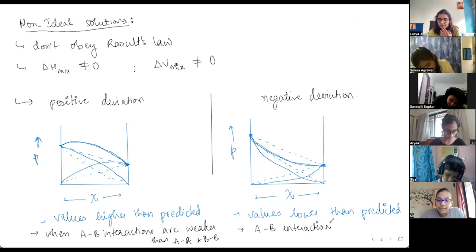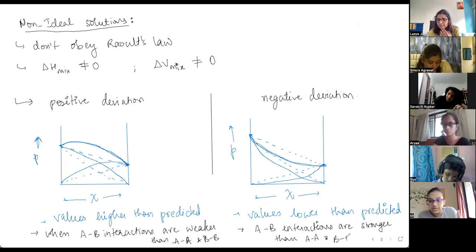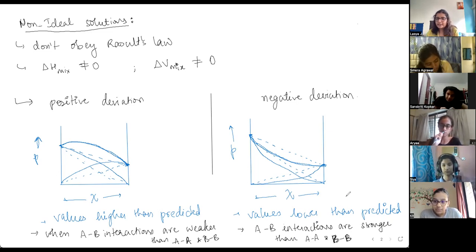Ma'am, in the exam, can we be given two components and asked whether, when they mix, it's ideal or non-ideal, and do we have to explain? Explain again, not at a deep level. There are a few examples that I am going to give you.